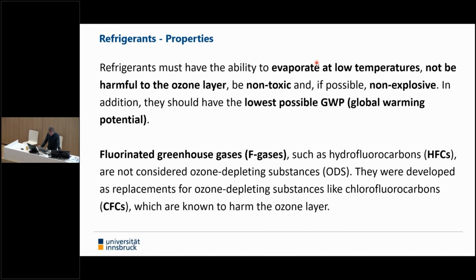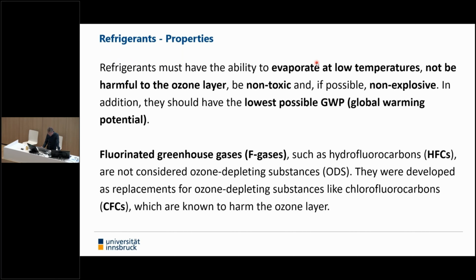So the F gases, fluorinated greenhouse gases, such as hydrofluorocarbons, HFCs, are not considered ozone-depleting substances. They were developed as replacement for ozone-depleting substances like chlorofluorocarbons, CFCs, which are known to harm the ozone layer.